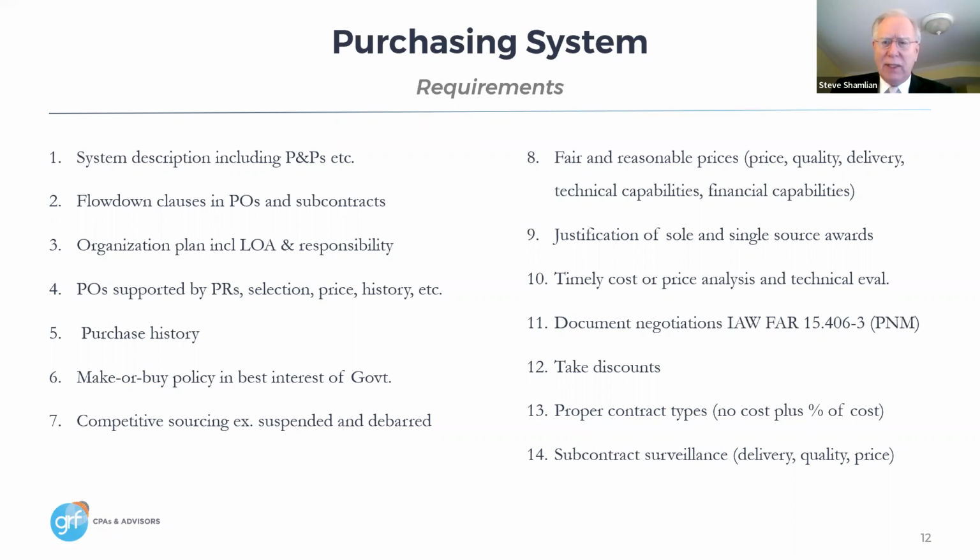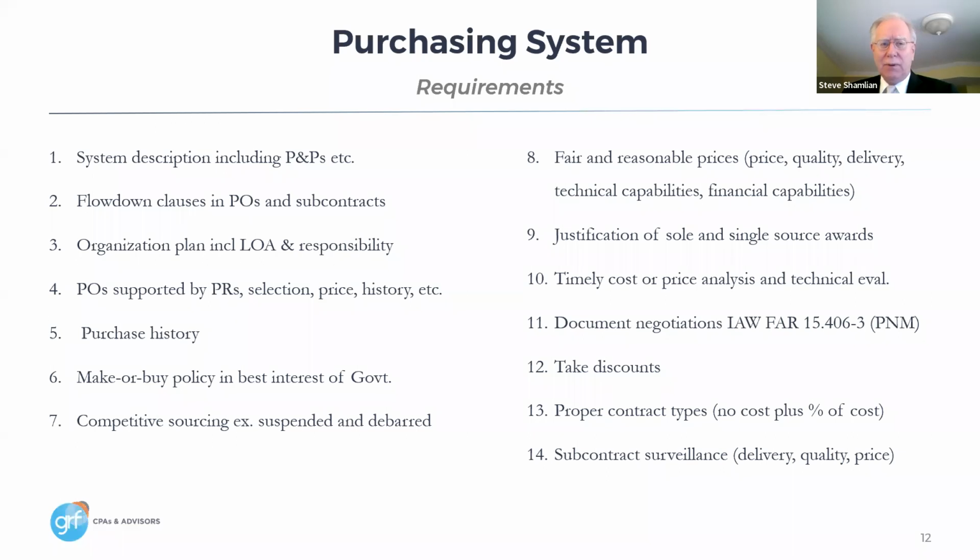Make or buy policy. As you see, this particularly applies to manufacturing. So if it costs you 3 times the amount to make something in-house as it does to buy it, you'd better have a pretty darn good quality system, because paying 3 times doesn't appear to be in the government's interest.